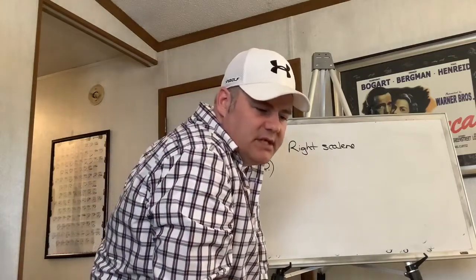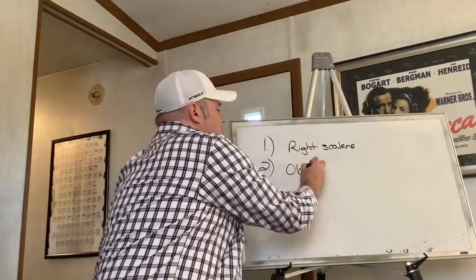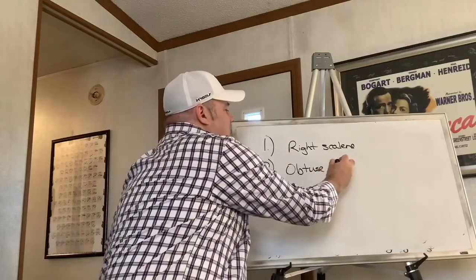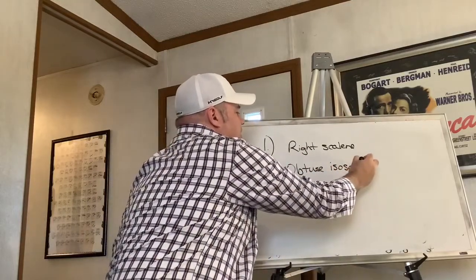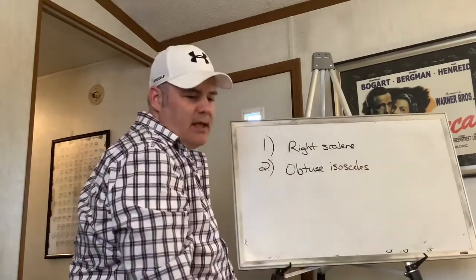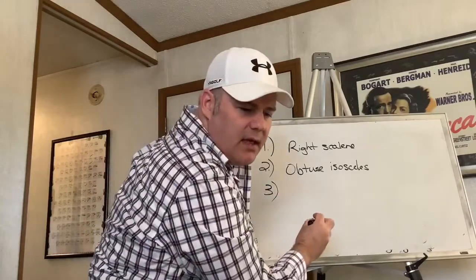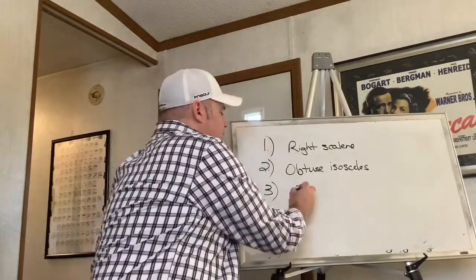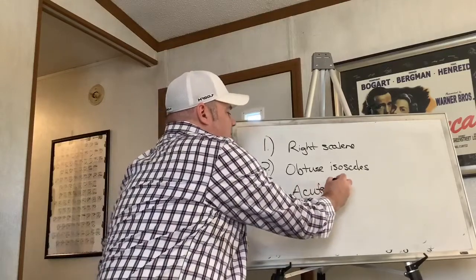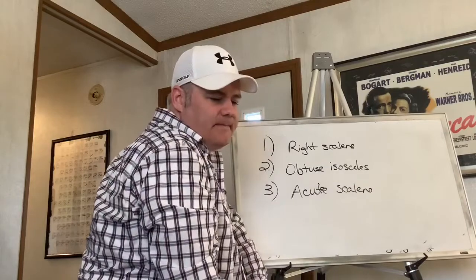Number 2 was an obtuse, because it had an obtuse angle, and then 2 of the sides were the same, so it's an obtuse isosceles, because you had 2 sides that were 8 in length. Number 3 ended up being an acute. All the angles are smaller than 90, and it was scalene, because none of the sides were the same.